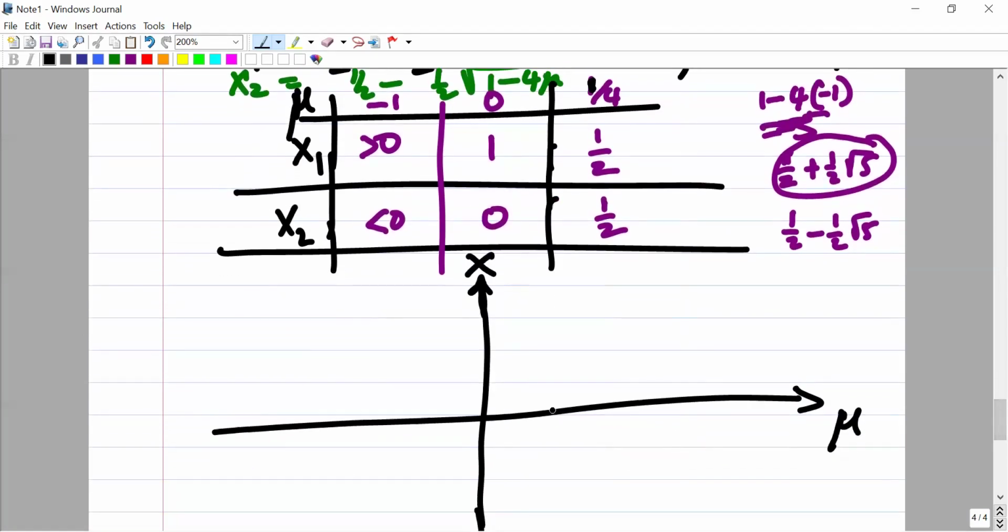So we know mu is 1 over 4. That's our point of concern. And when mu is 1 over 4, x1 and x2 are equal to half.